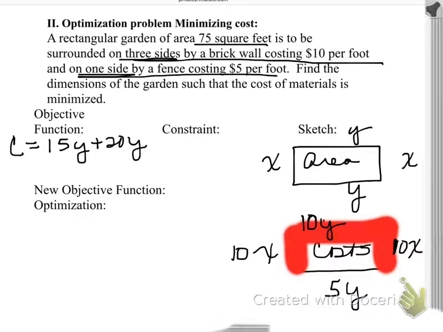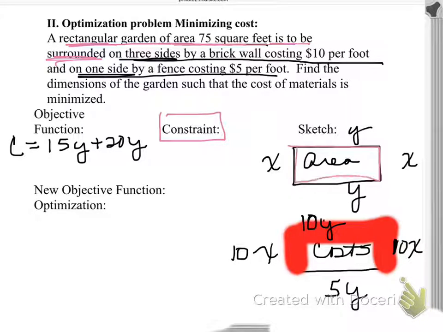Now, what's the constraint? Well, look back up here, so I'll change colors again. It says a rectangular garden of 75 square feet is to be surrounded. So the pink is my constraint. So the constraint is the area of the garden. So I'm going to use this.